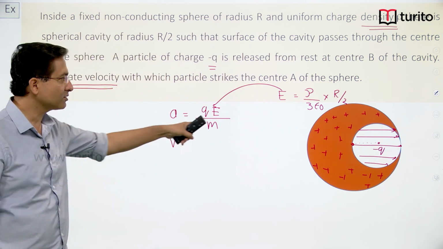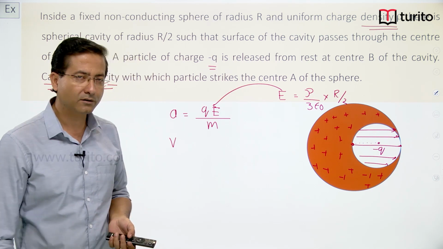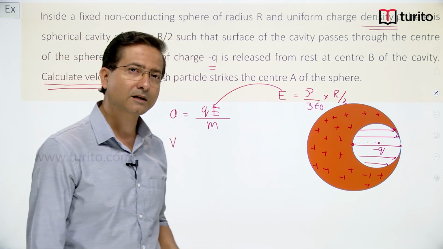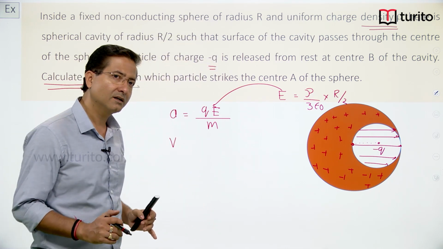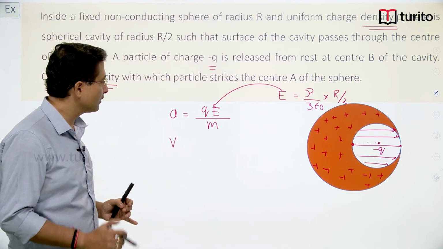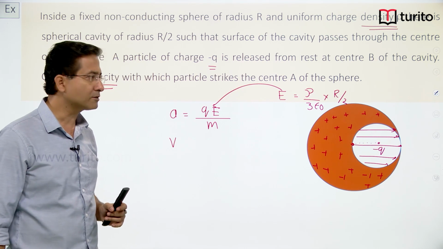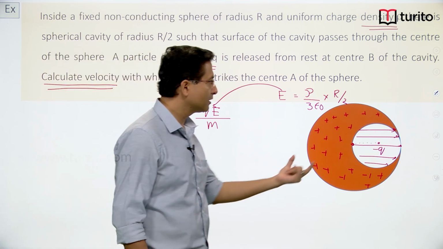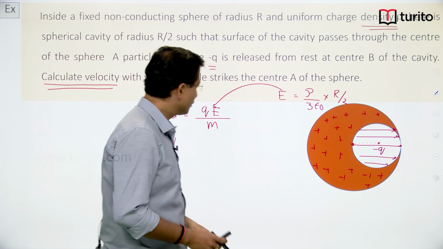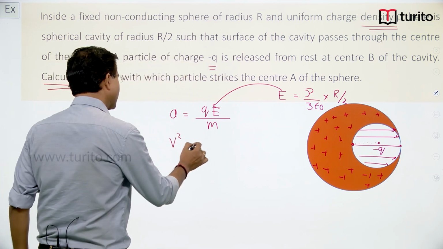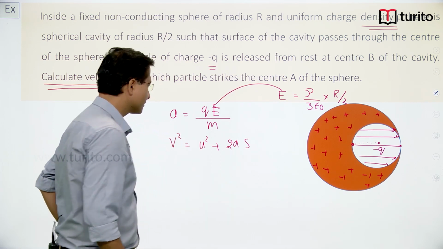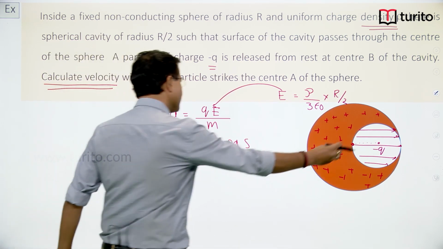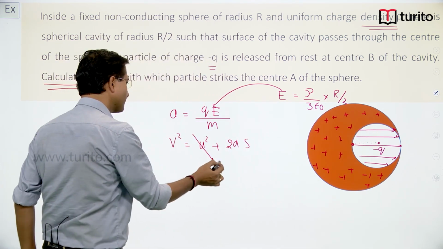As acceleration is constant, I can use the three motion equations: v is equal to u plus at, s is equal to ut plus half at square, v square is equal to u square plus 2as. Out of these, the most suitable one is v square is equal to u square plus 2as, because we know the displacement. Displacement is r by 2, right. It is released, so u will be 0.